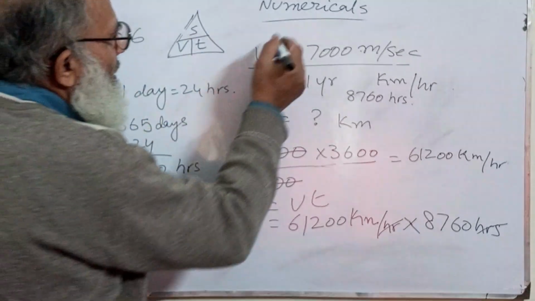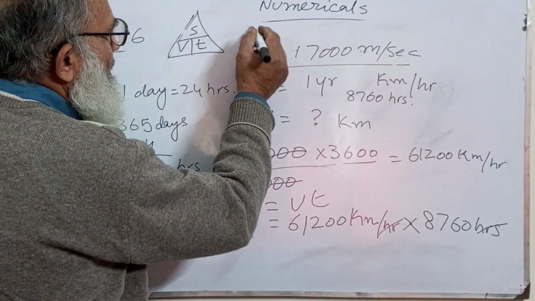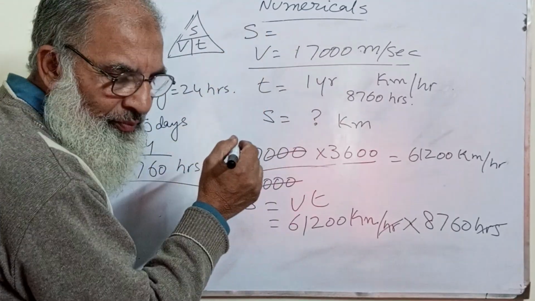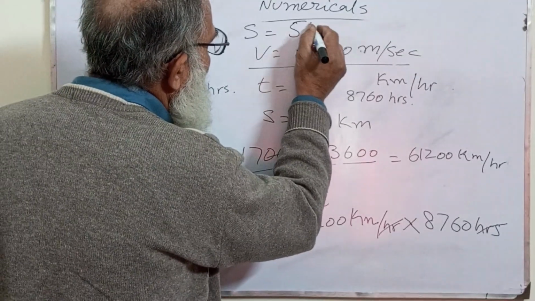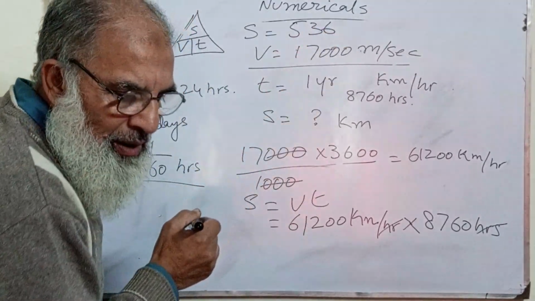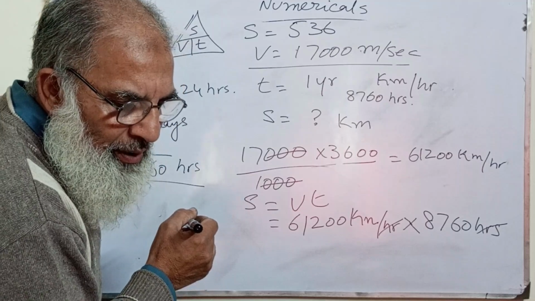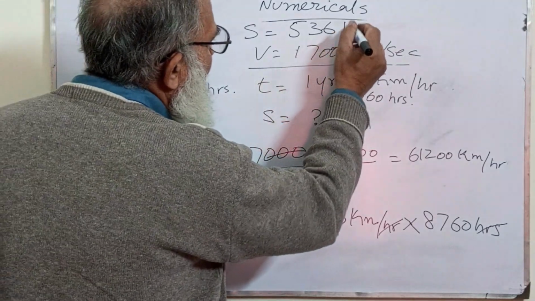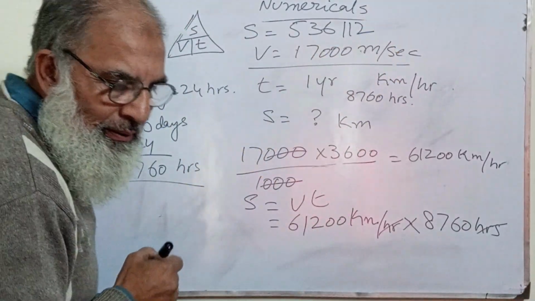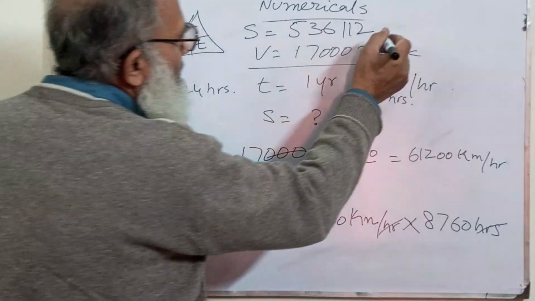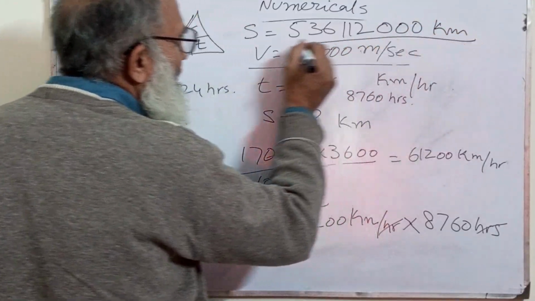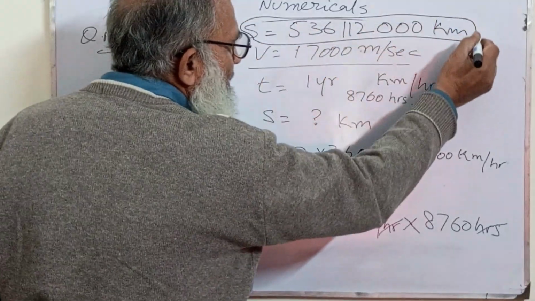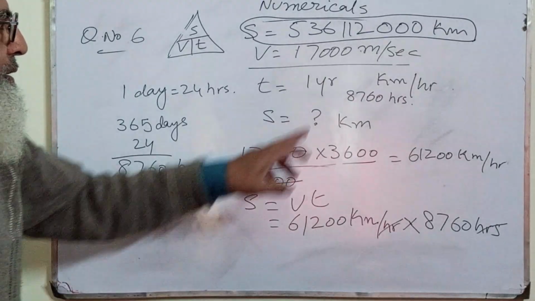536,112. So S is equal to 536,112 with 3 zeros, kilometers in 1 year.